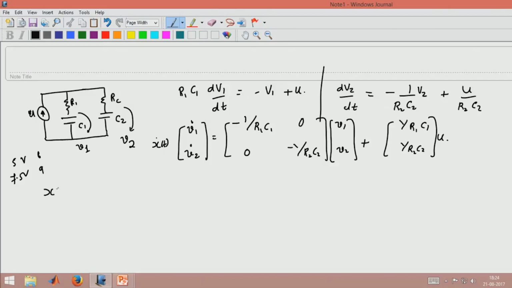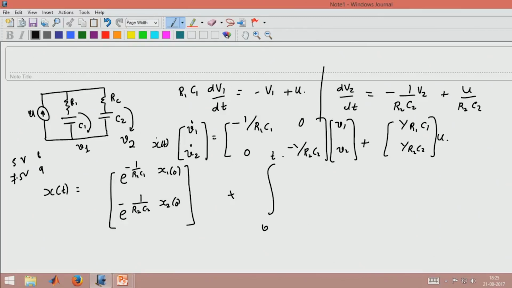So, x of t here would be e power minus 1 over R1 C1 x1 of 0, where x1 is V1, and e power minus 1 over R2 C2 x2 of 0, plus the integral from 0 to t of the terms with b u of t minus tau d tau.